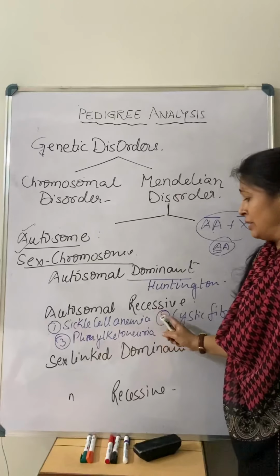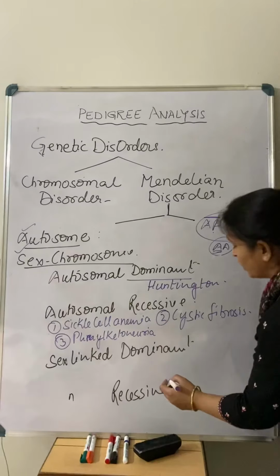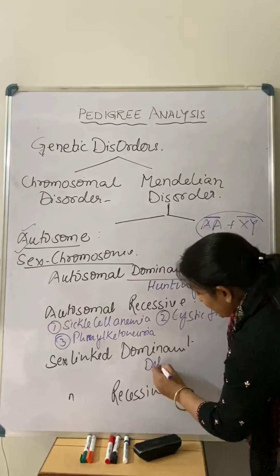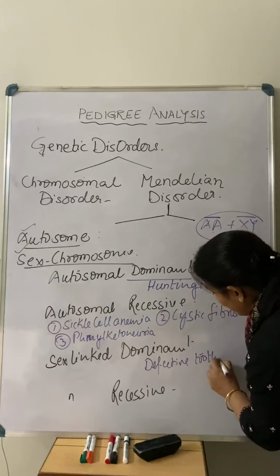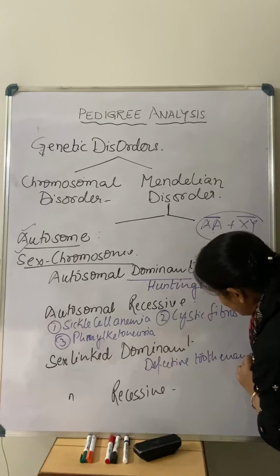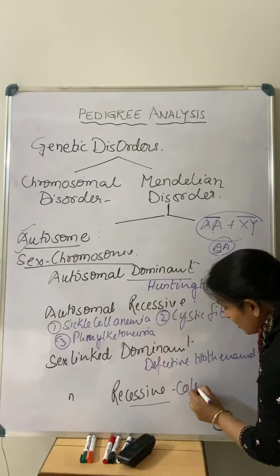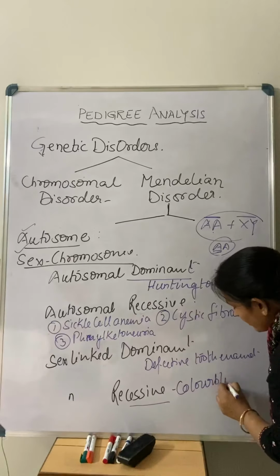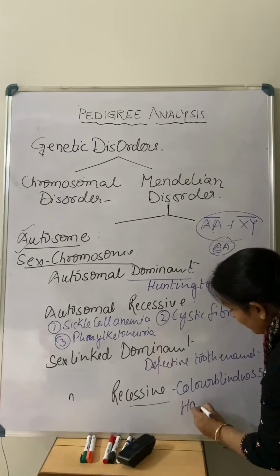So these are the few common diseases related to autosomal recessive disease. Now sex-linked dominant is again very rare, that is defective tooth enamel. And recessive is color blindness and hemophilia.